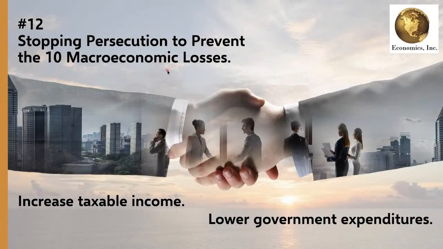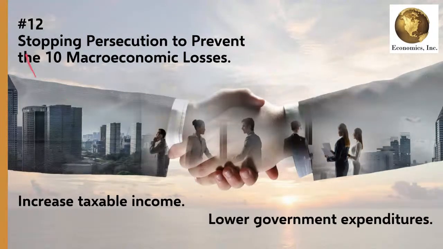So as you can see here, we went over 10 of the macroeconomic issues. Now those 10, they don't really have much to do with Christianity, the Christian faith, but as you can see though, the codes of conduct that are produced through our training and what they're able to do, they are going to lower government expenditures and increase taxable income.